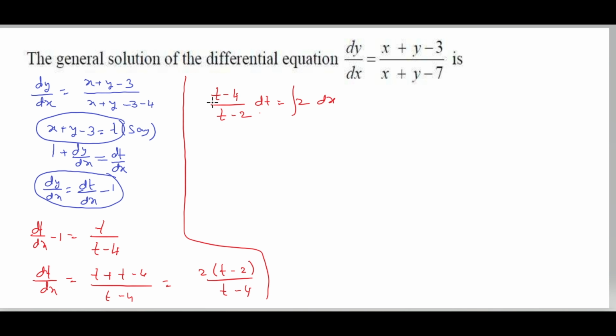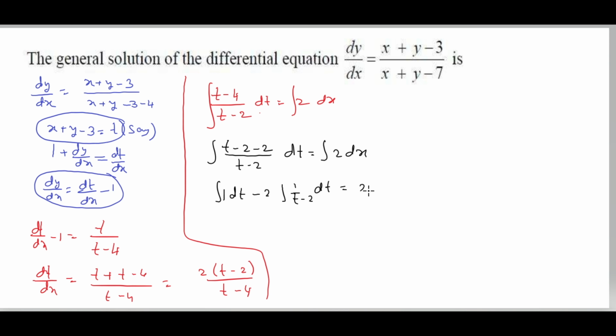Now take integration on both sides. t minus 4 is written as t minus 2 minus 2, so t minus 2 by t minus 2 into dt is equal to integration of 2 dx. t minus 2 by t minus 2 is 1 into dt, minus 2 constant, that is 1 by t minus 2 into dt, is equal to 2 into integration of dx.